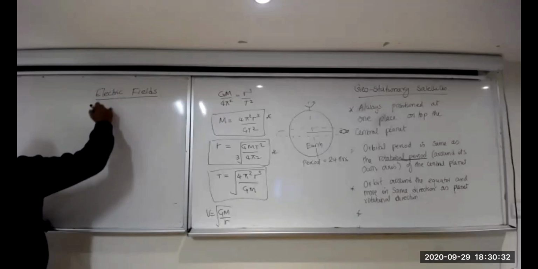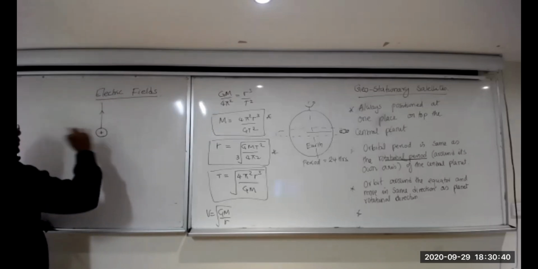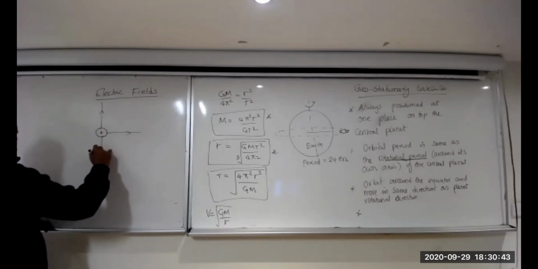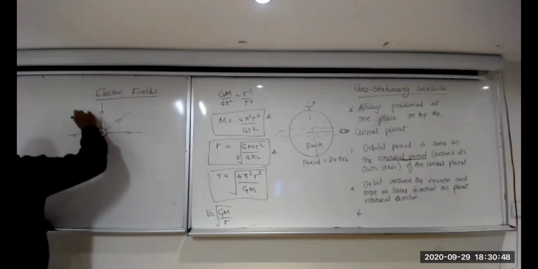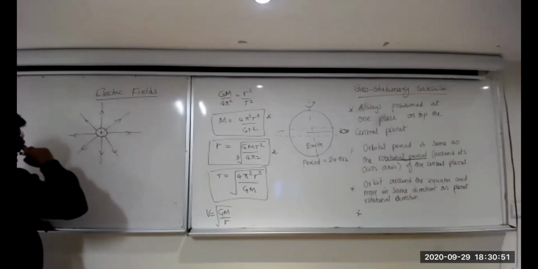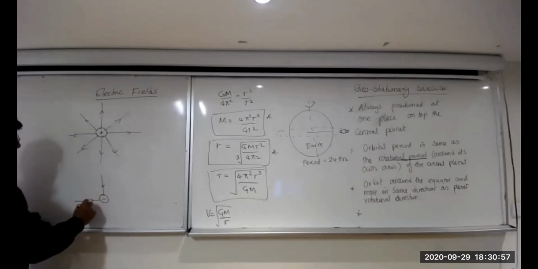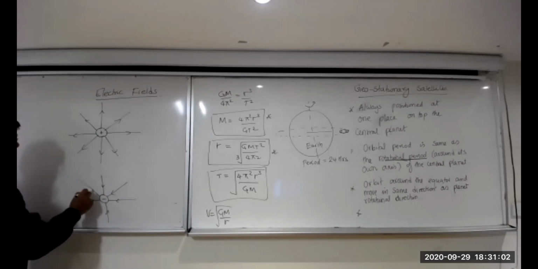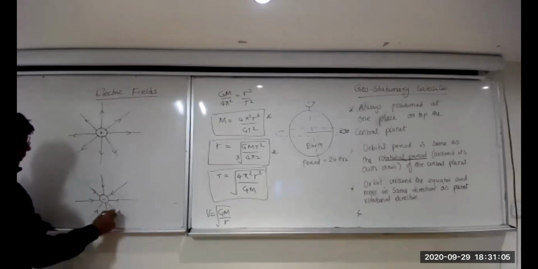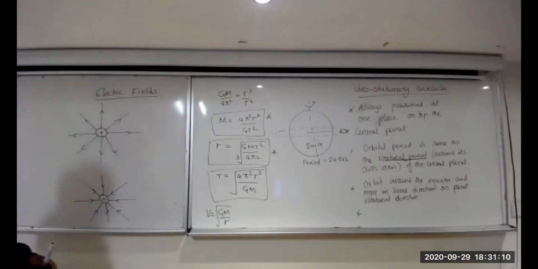To find the direction of the field, we assume there is another imaginary charge somewhere in space. So the field lines are always going out from a positive charge, and the closer the field lines, the stronger the field. If it's a negative charge, the field lines are coming towards it. It's a positive, negative. And how to draw the field lines.